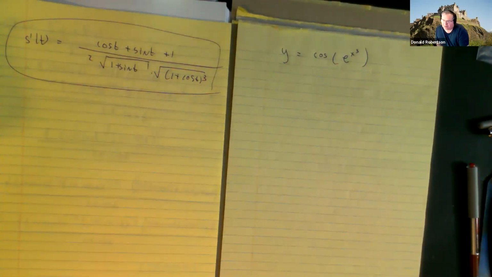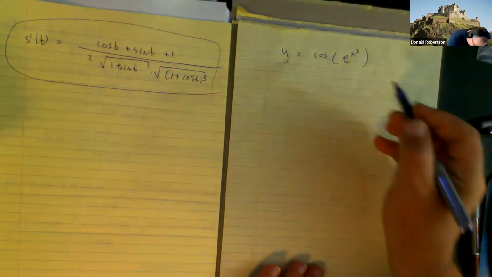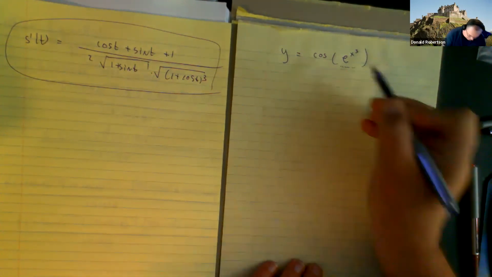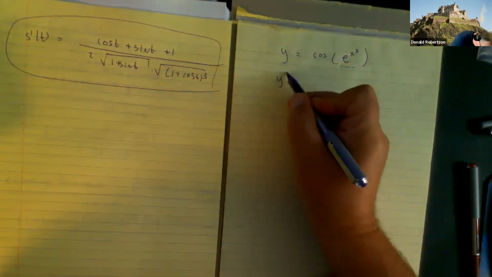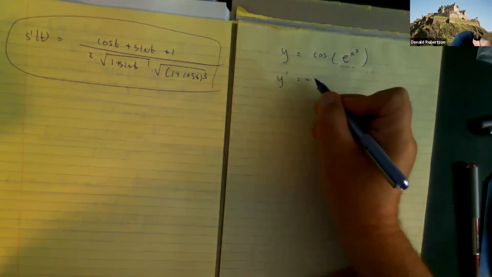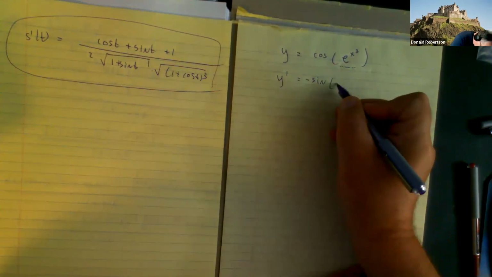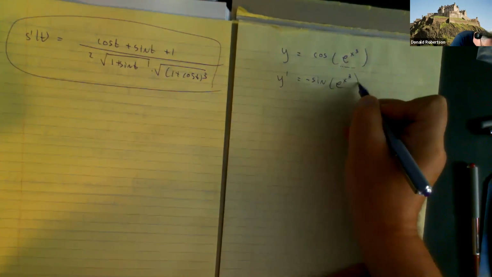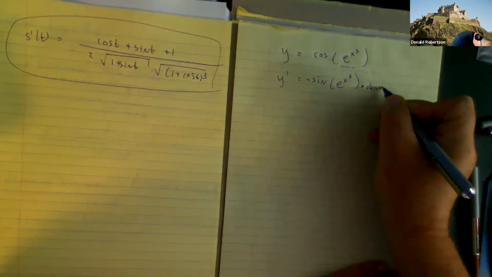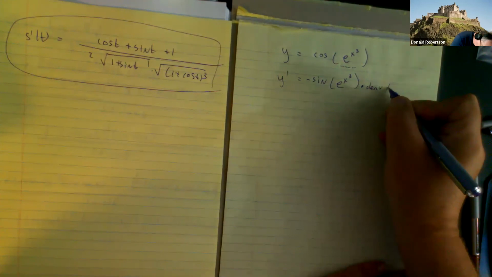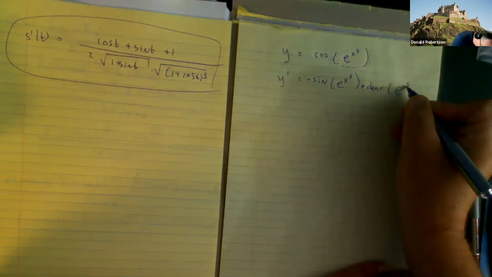Now, if I asked you to differentiate that, wouldn't the inside function be e to the x cubed? Great. So the derivative is, differentiate a cosine, so negative the sine of the inside function times the derivative of the inside function.